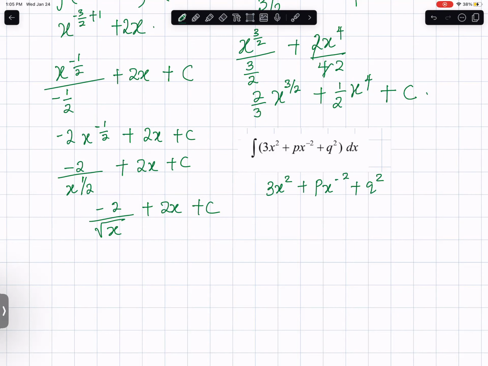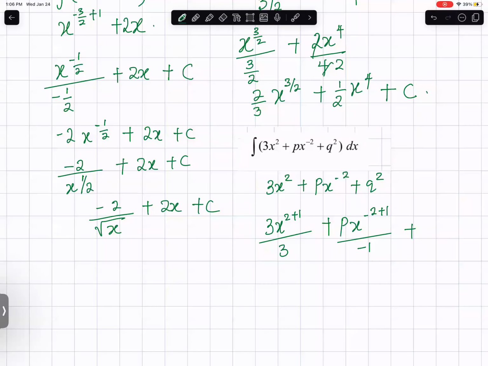I have 3 x to the power of 2 plus 1, which is 3, divided by 3, plus b x to the power of minus 2 plus 1, which is minus 1, divided by minus 1, plus our q squared x plus c.